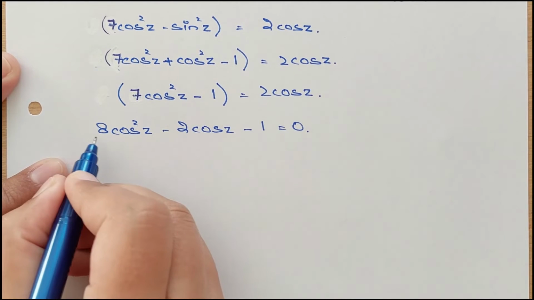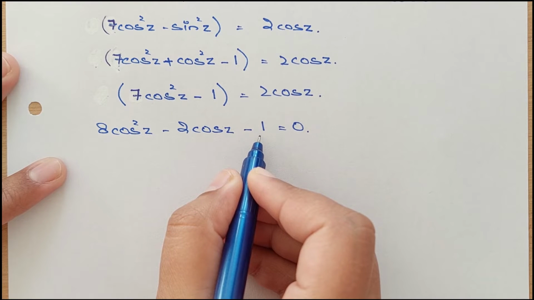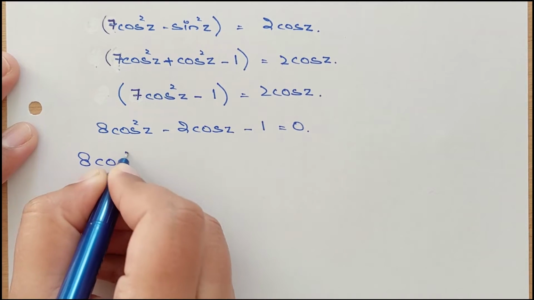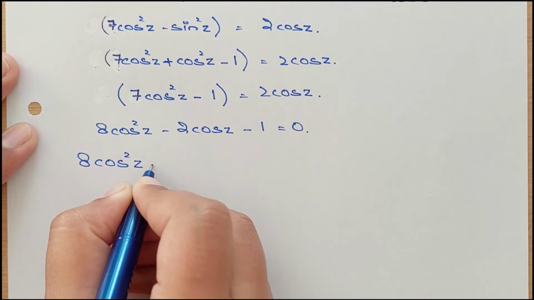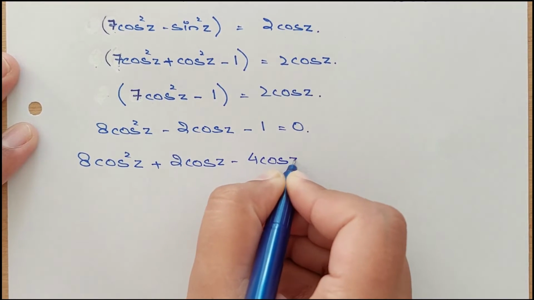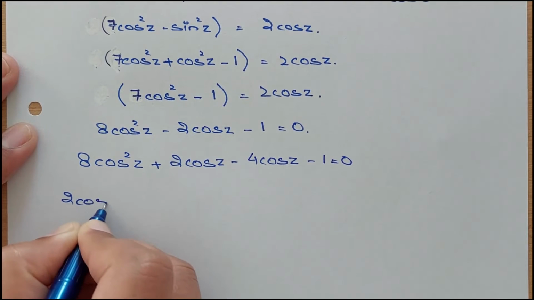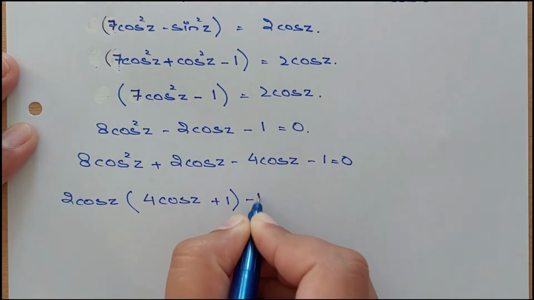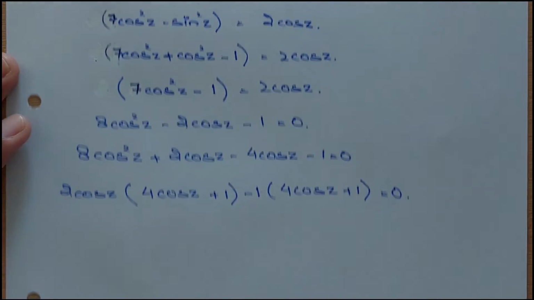Now let me factorize this. 8 times minus 1 is minus 8, and 2 times minus 4 is minus 8, and 2 minus 4 is minus 2. So 8 cos square z plus 2 cos z minus 4 cos z minus 1 equals 0. Let me take 2 cos z common: 2 cos z times 4 cos z plus 1. Negative 1 is common: minus 1 times 4 cos z plus 1 equals 0.